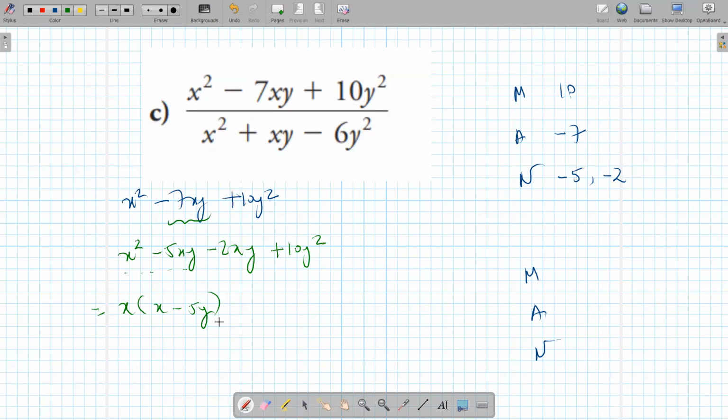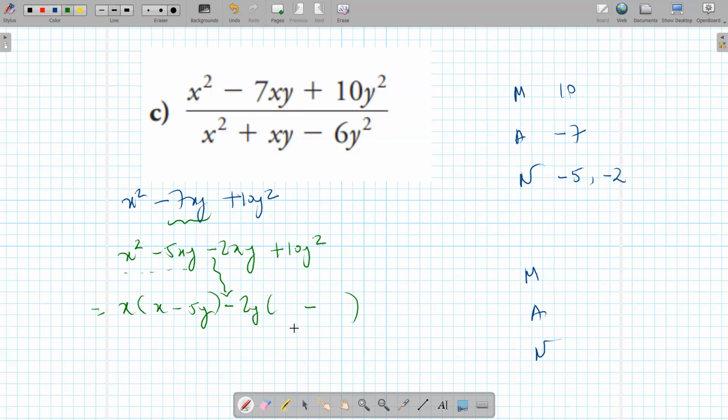Two y. So the sign is going to drop, okay? See that sign? This sign always drops. And yeah, it's 2y. What are we left with in the bracket? 5y.